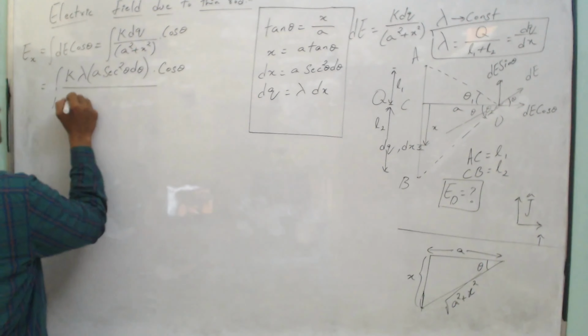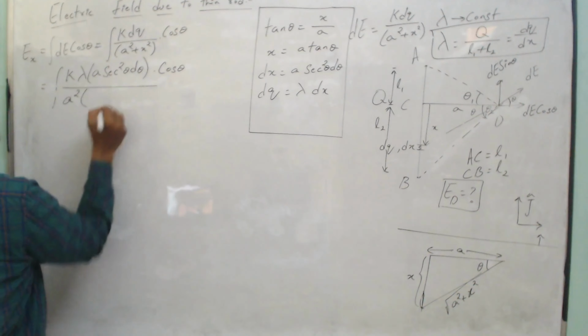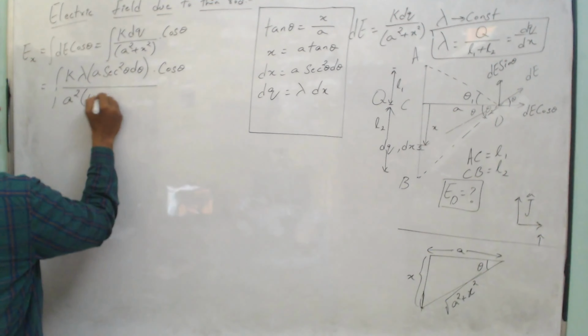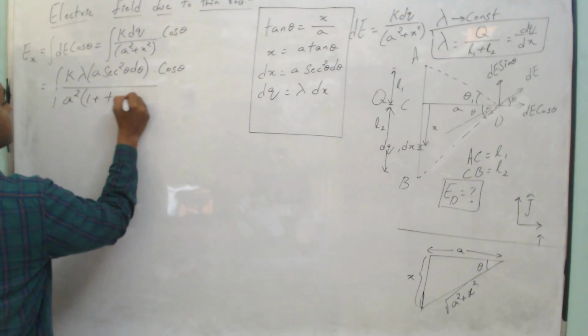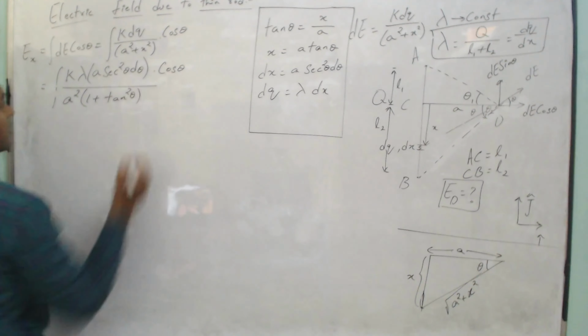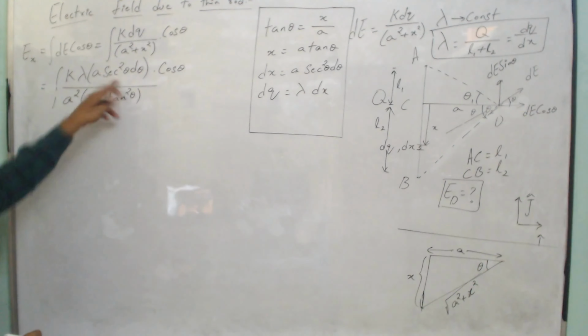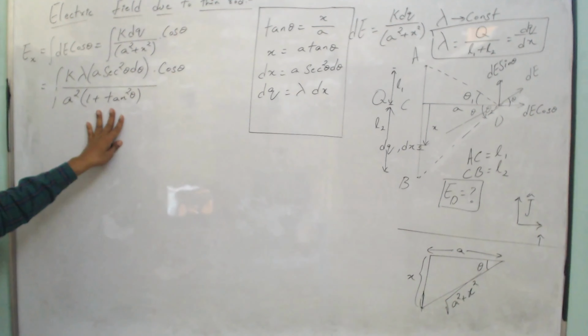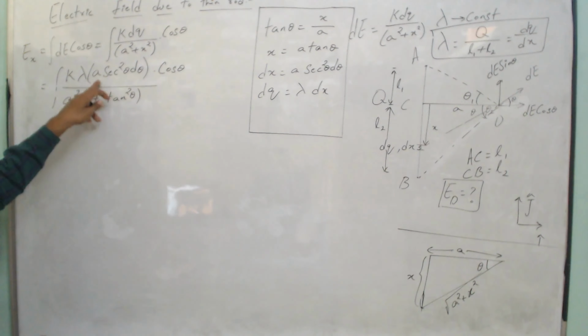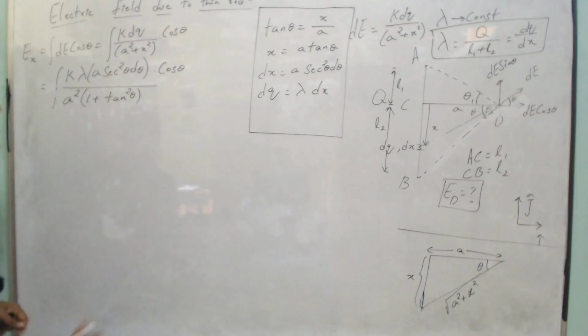So I will get a square over here into 1 plus tan square theta. Secant square theta will cancel, and one a will cancel with one a over here.